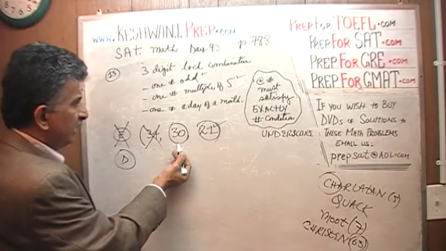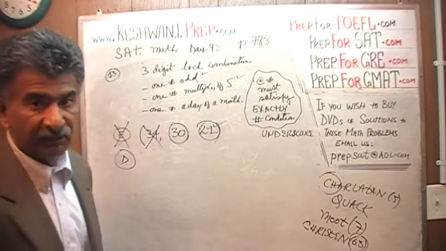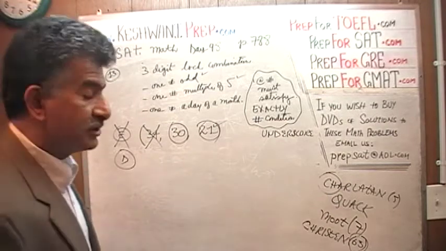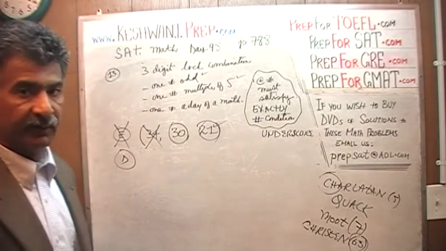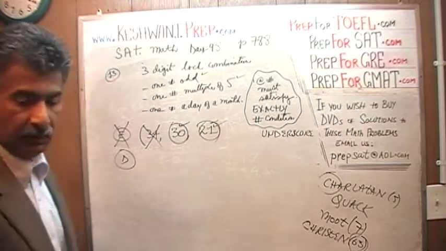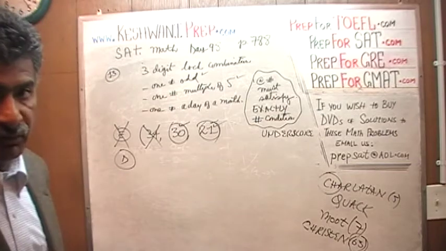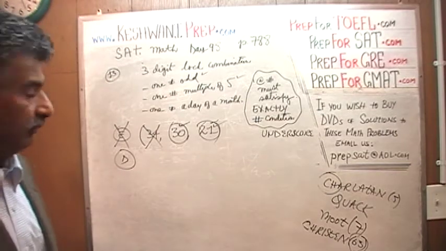We cannot use 30 as a multiple of 5 and as the day of the month of Kyle's birthday. We cannot do that. Each number must satisfy only one condition, which means once we used up 30 as a multiple of 5 and 21 as an odd number, 34 is the only one left, which cannot be a day of the month. Enough said.